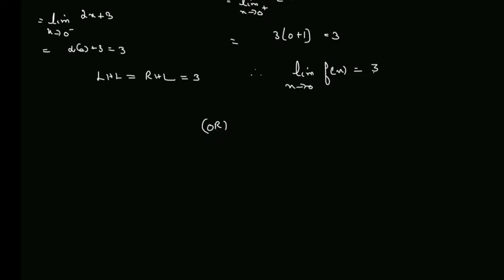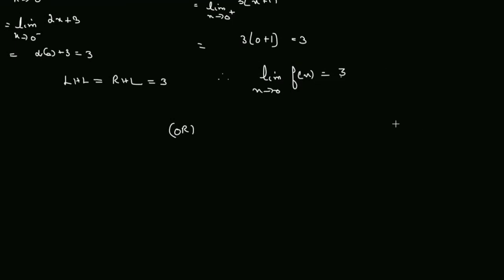So if it is the left hand limit, suppose this is 0. If you want to find the left of 0, you just take it as 0 minus h. So left of 0, take it as 0 minus h. Right of 0, take it as 0 plus h. So x is 0 minus h for the left hand limit.